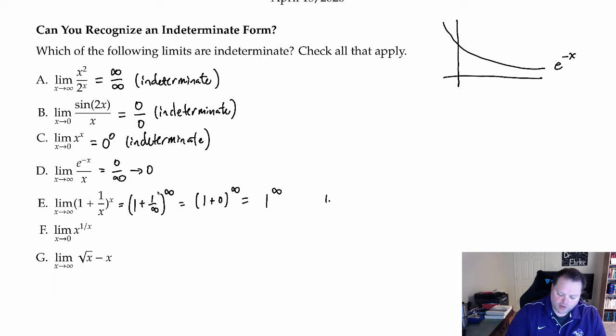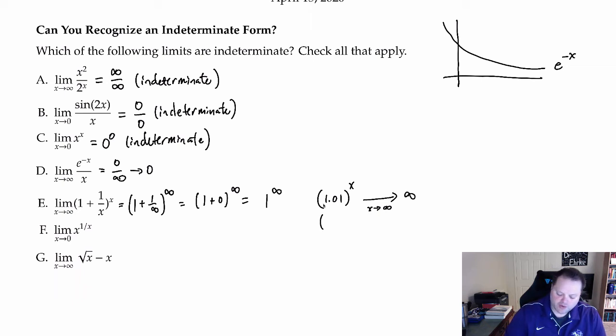Say you look at 1.01 to the x. Well, as x goes to infinity, this value, because it's bigger than 1, it keeps getting bigger. So 1.01 squared, 1.01 cubed, and so on, those numbers keep getting progressively bigger. This is going to diverge to infinity.